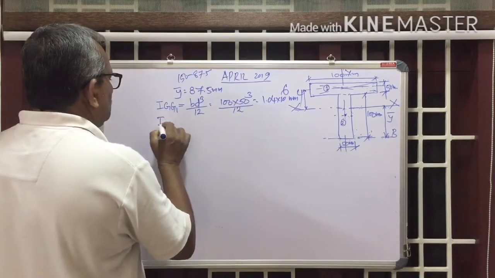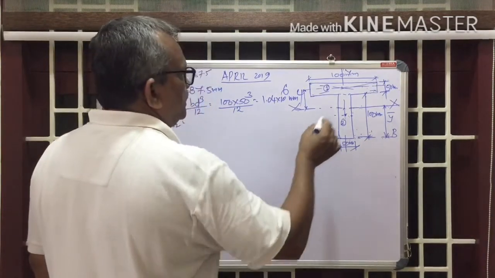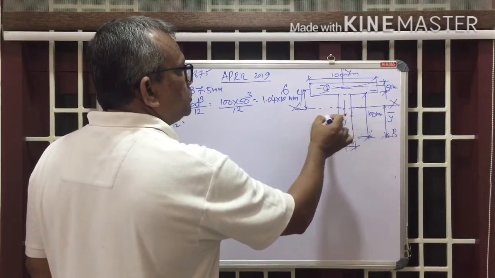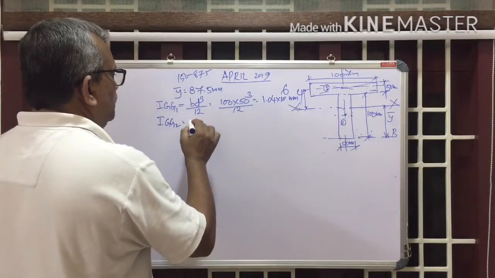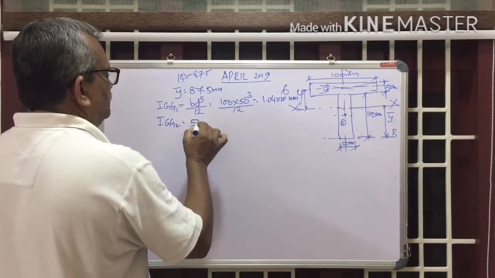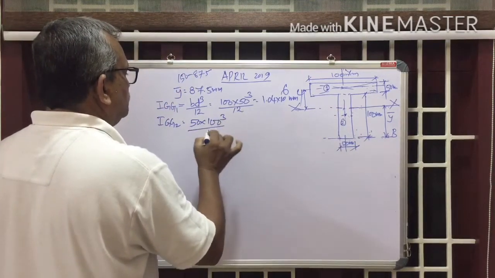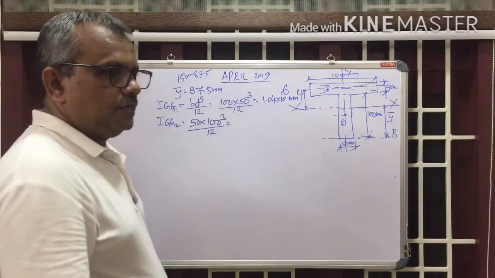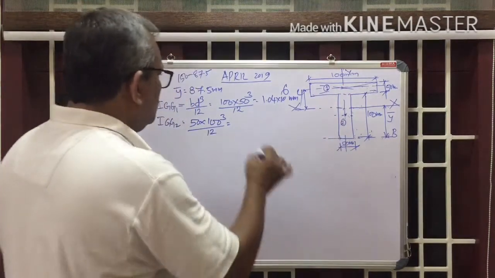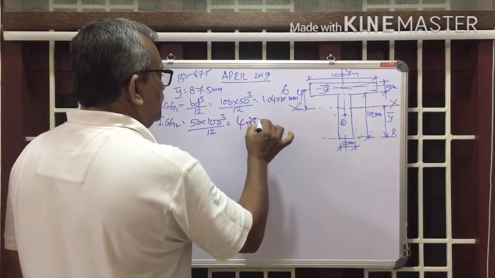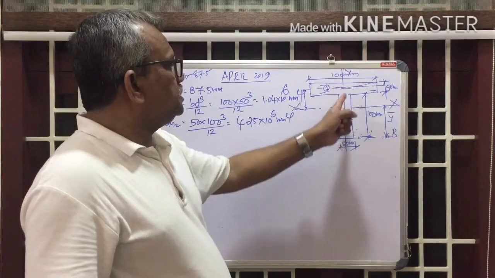Similarly, IgG2 is the moment of inertia of the second rectangle through its own CG, which is also b d cubed by 12, equal to 50 into 100 cubed by 12. So IgG1 and IgG2, this will be equal to 4.25 into 10 raised to 6 mm raised to 4. Like that, find out IgG1 and IgG2.